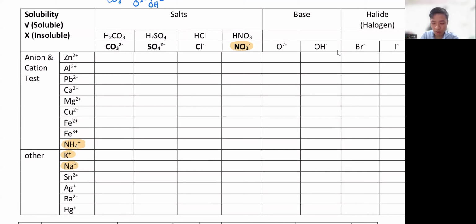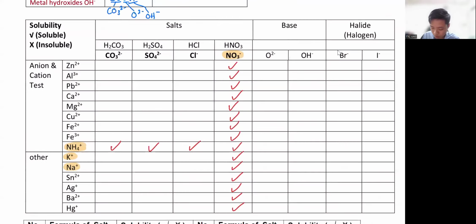You have to tick these first, because all of them are soluble no matter what. This is the first thing that we prioritize for SPAN salts. All are soluble: sodium salt, potassium salt, ammonium salt, and also nitrate salt.